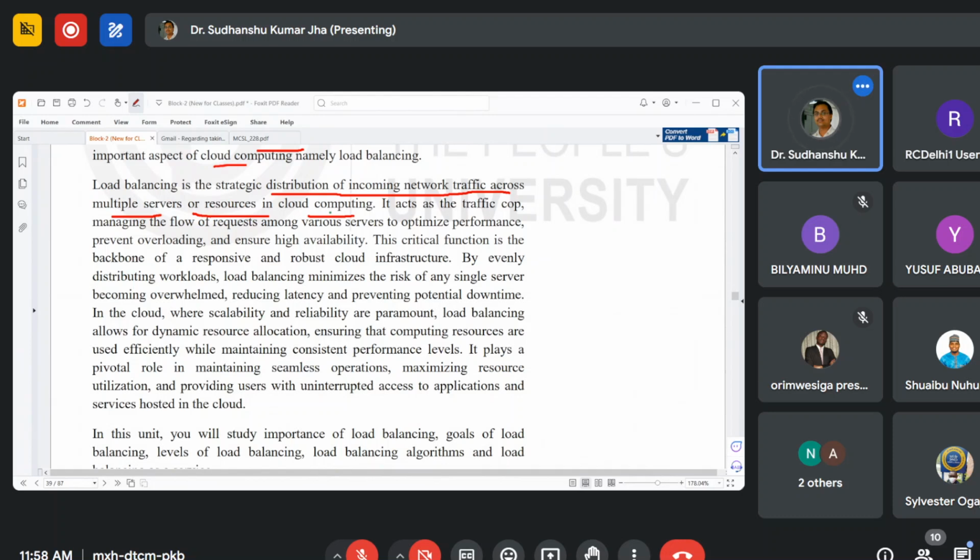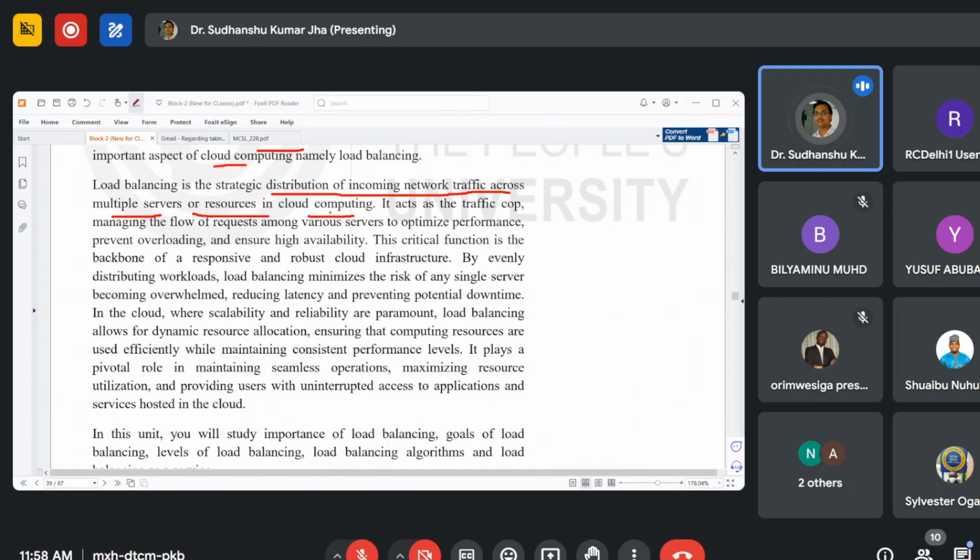If a set of VMs has less traffic, and another set of VMs has very high traffic, then we may shift the load from the highly utilized VMs to the lesser utilized virtual machines. That is load balancing. Load balancing means the incoming traffic, not the request. Request is something else, traffic is something else.